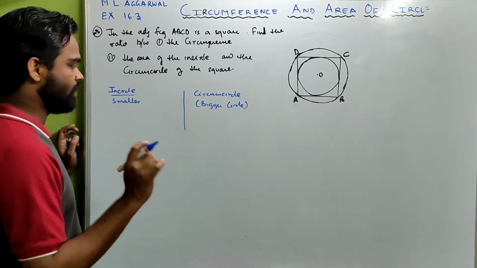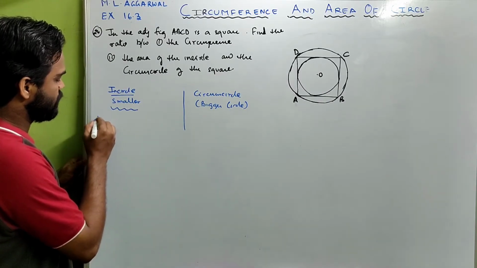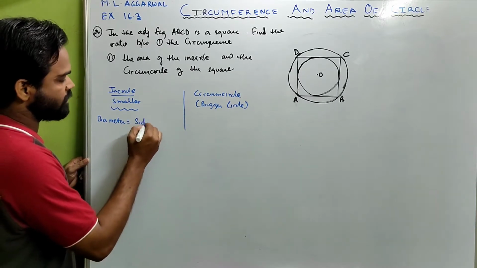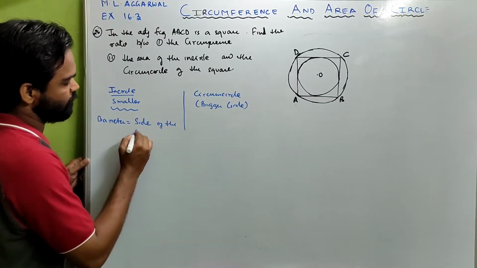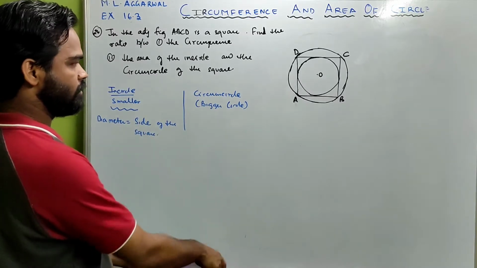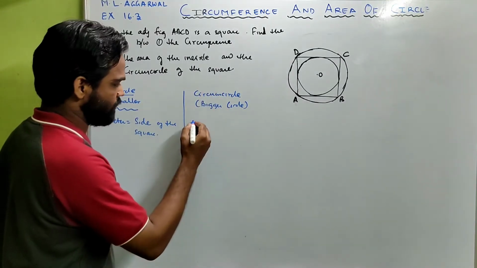Now look carefully, just one thing. For the smaller circle, the diameter will be equal to the side of the square. We just need to know this, okay? And for the circumcircle, the bigger circle, we have just done a sum like that.